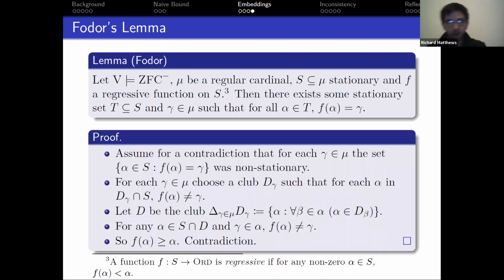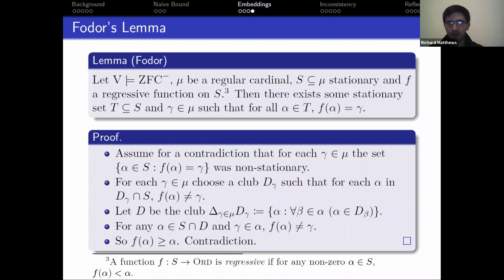So just to get the proof of this, let's assume for contradiction that for each gamma, the set of alpha in S such that F of alpha is gamma was non-stationary. This means that for each gamma in mu, the class of clubs which have empty intersection with this set is non-empty. So by my trick on choosing from classes, for each gamma in mu, I can choose a club D gamma such that for each alpha in D gamma intersected with S, F of alpha is not equal to gamma.